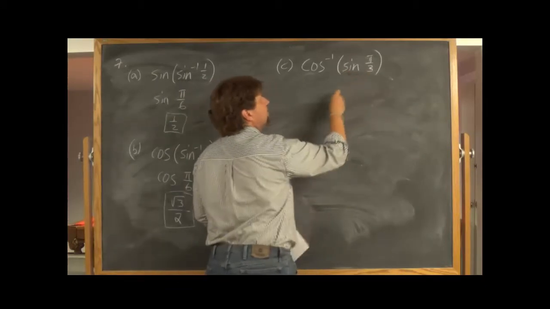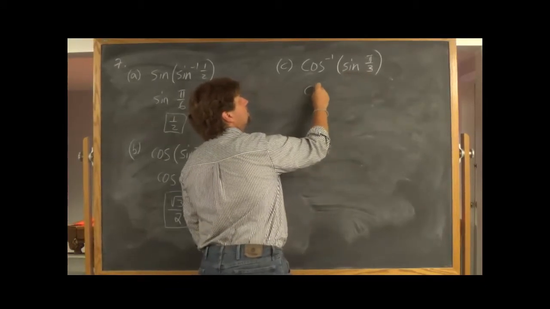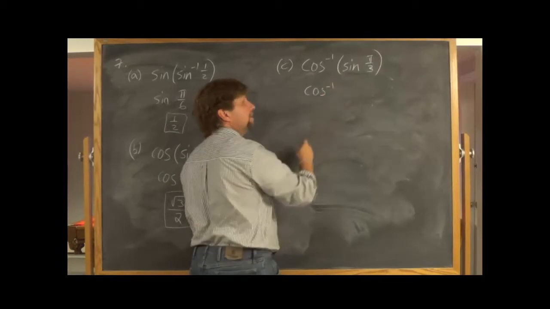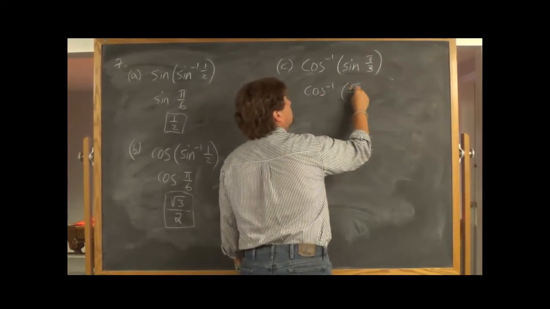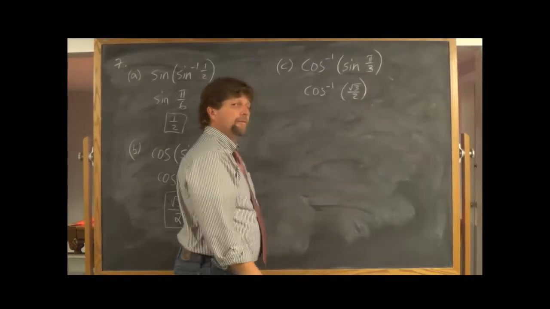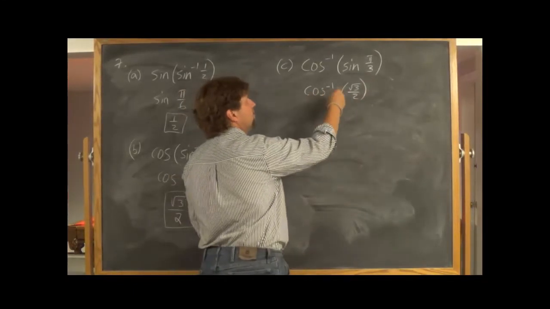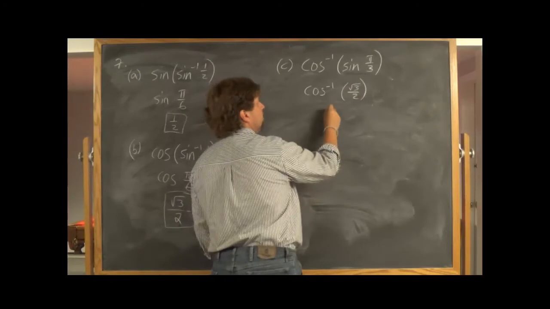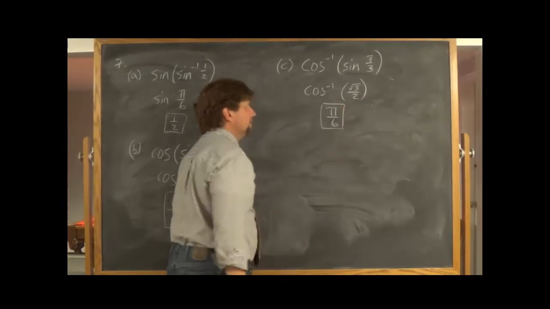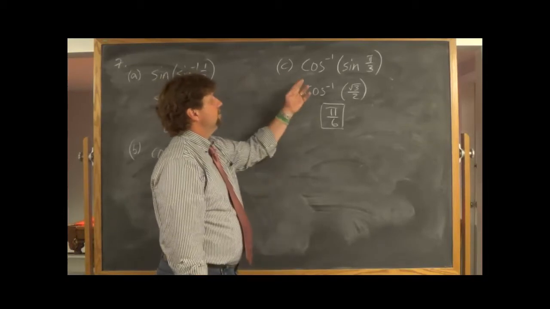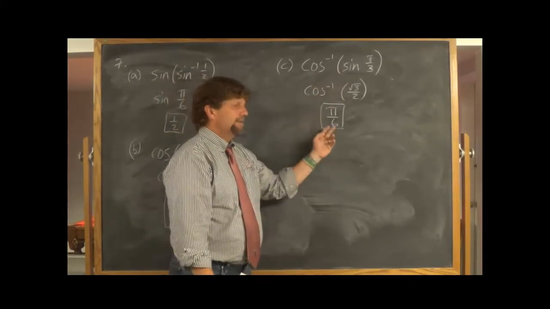Sine of pi over 3 is square root 3 over 2. Now the inverse cosine of square root 3 over 2 is pi over 6. So for part C, inverse cosine of sine pi over 3 is pi over 6.